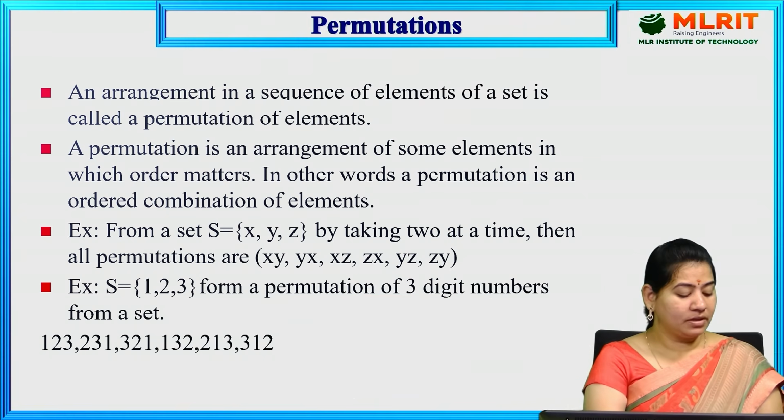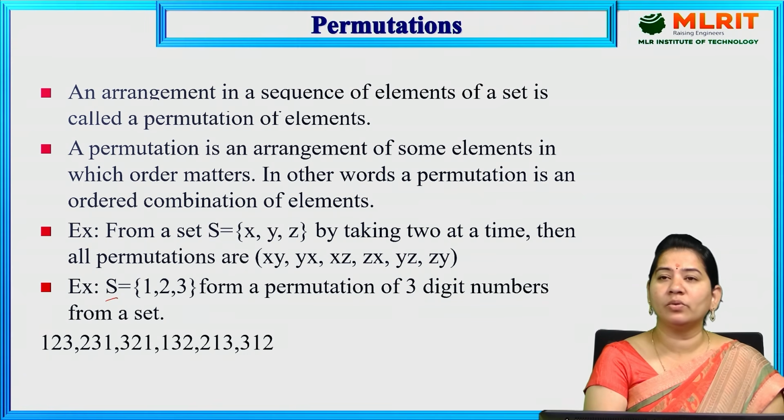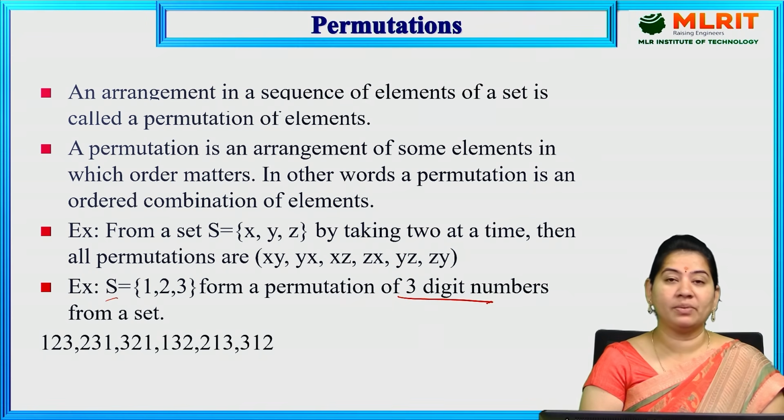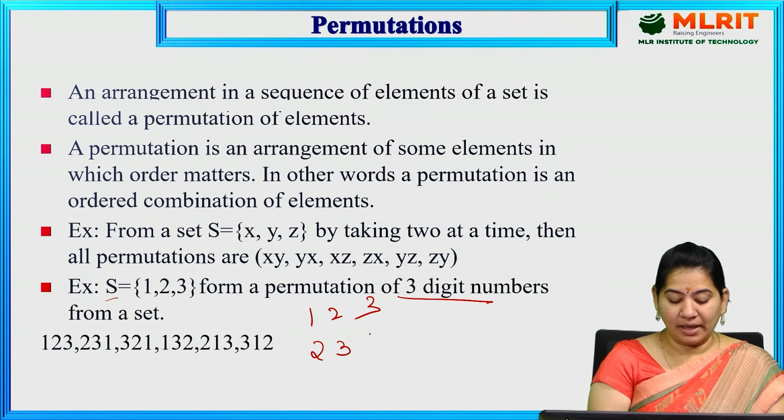Now let us take another example: S = {1, 2, 3}. Form the permutations of 3-digit numbers from this set, just like we did with x, y, z by taking 3 at a time. Here 1, 2, 3 is one arrangement, next 2, 3, 1 is another, and 3, 2, 1 is another.